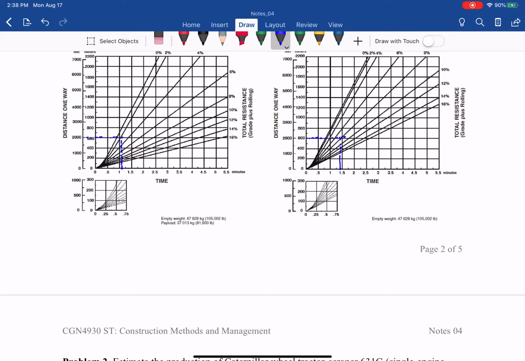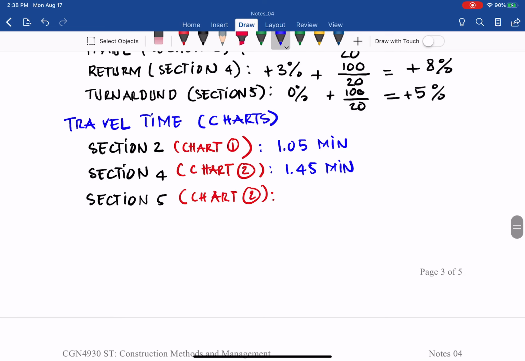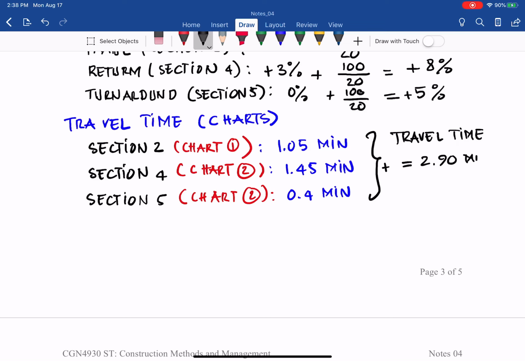So 500 feet at 5%, somewhere in between 4 and 6, so it will be around 0.4 minutes. From that we have the travel time. Add them up, we get 2.9 minutes.